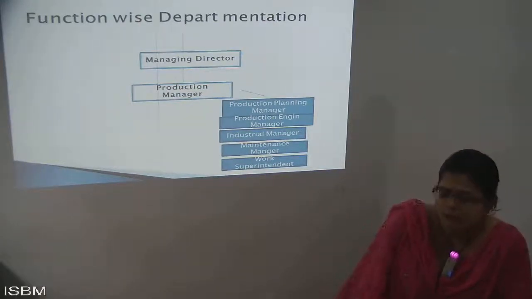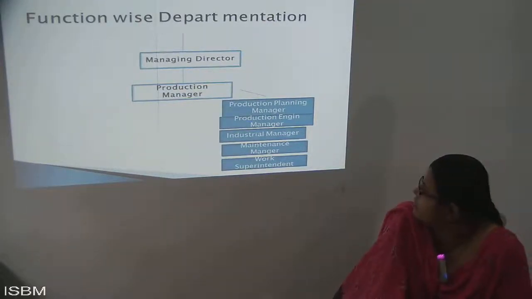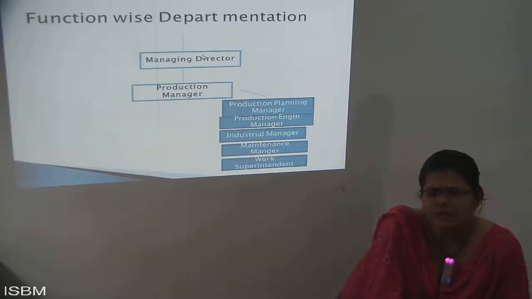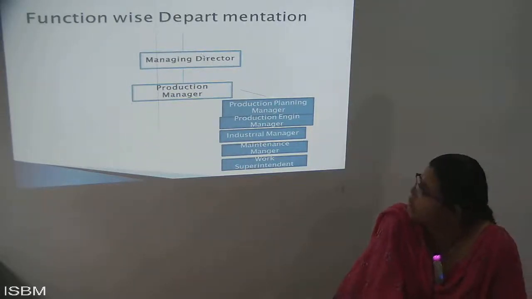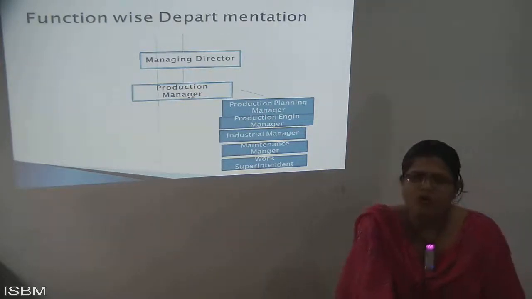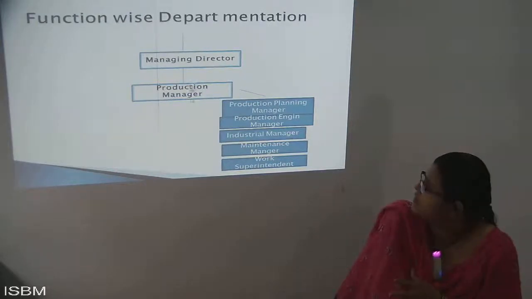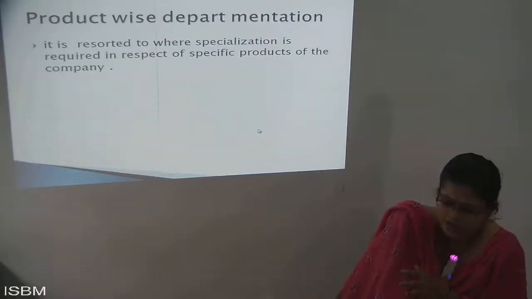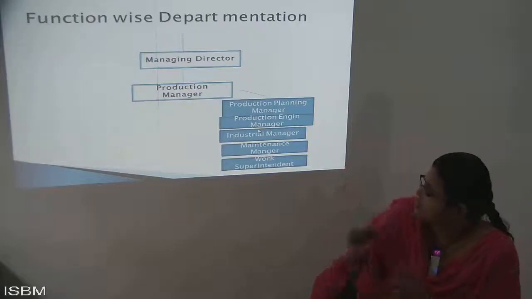If we move to the ground level, from the work superintendent, first I need to start from the upper level. This is the functional way in which we will perform. First you have the MD, and under the MD you have different levels: the production manager, and all the works are given and all the workers are allotted to different people in different sections.